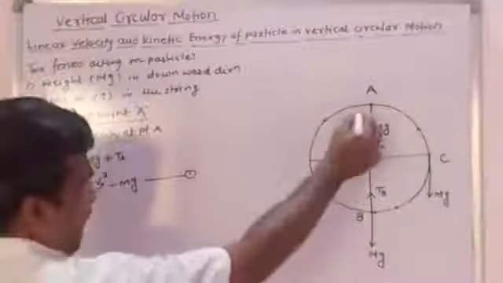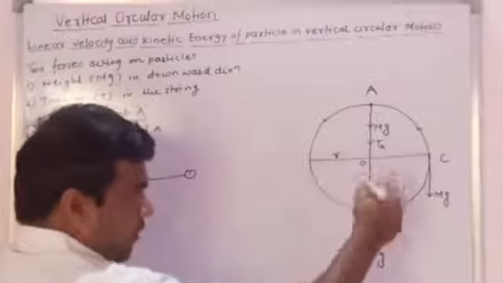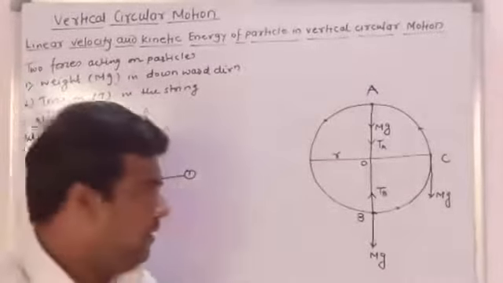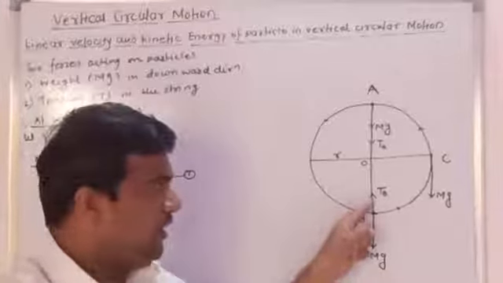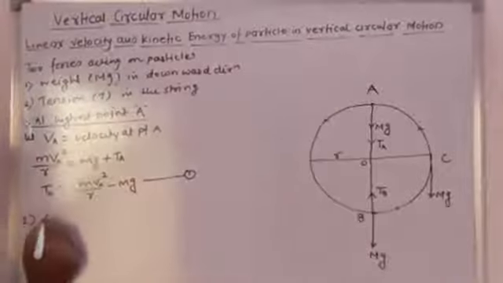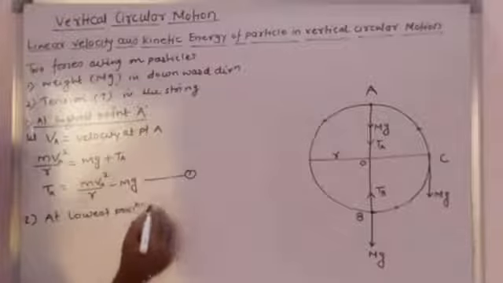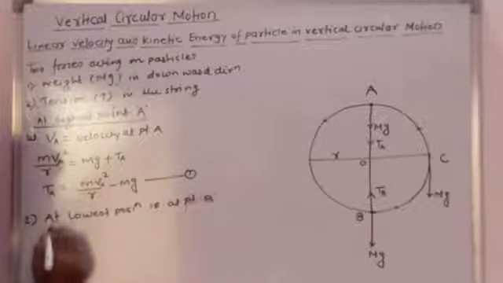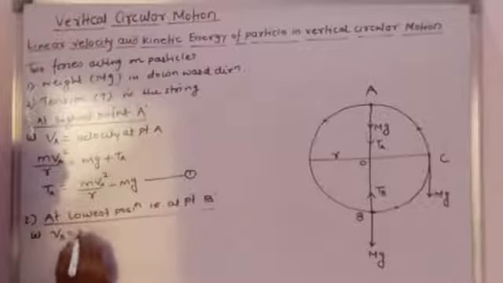Now, when the particle reaches point B performing vertical circular motion, the forces acting on the particle at position B are number one, the weight mg in the downward direction, and the tension Tb, which is directed along the string towards the center. At the lowest position, point B, let Vb be the velocity.